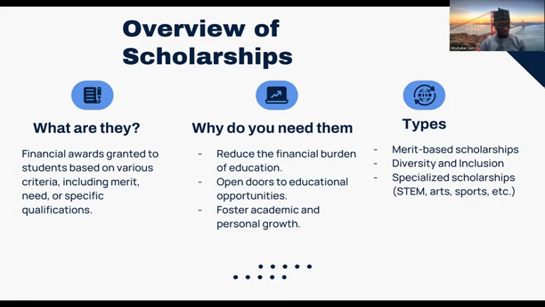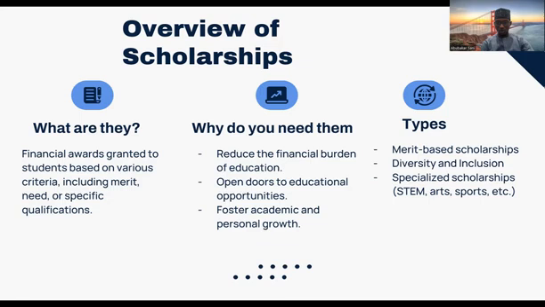These are based on criteria such as diversity. For example, if scholarship providers are trying to have many ladies study, they can say, okay, we are providing scholarships for women. Inclusion also: maybe we want to look for people who are physically challenged and provide them with a scholarship.